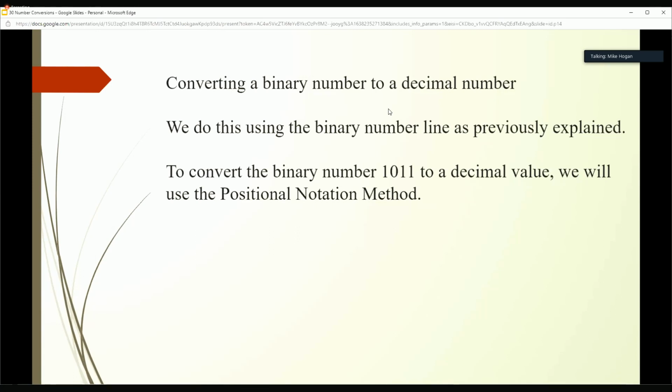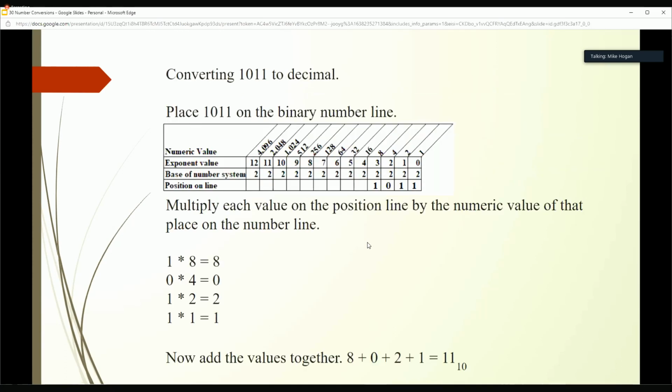So we're talking about converting a binary number to decimal. It's pretty easy when we know the weights. If we were going to convert 1011 to decimal, it's just a matter of understanding what the weights are and then adding those weights together.